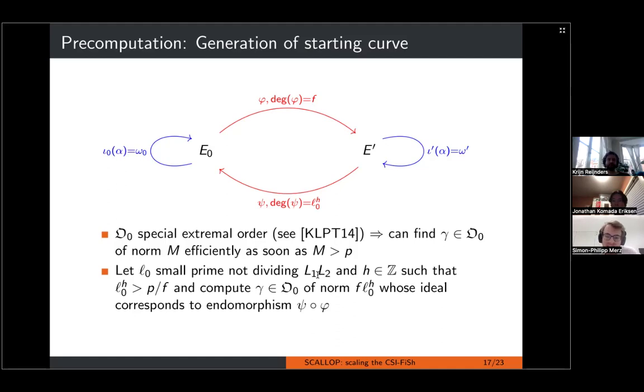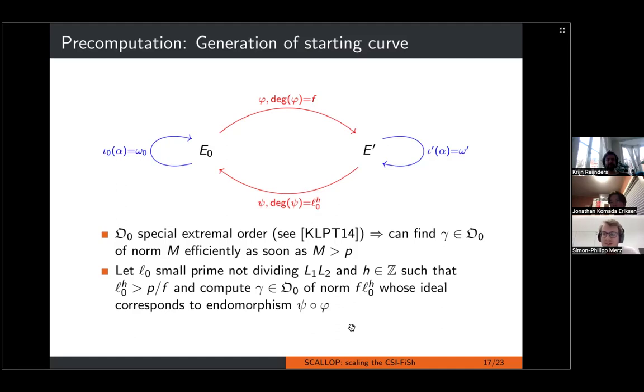Well, that means L0 to the H times F is larger than P. So in particular, we can find an ideal or an element in the O0 imaginary quadratic order of norm F times L0 to the H. And this will correspond to some endomorphism phi psi, the one in red, of degree F times L0 to the H.